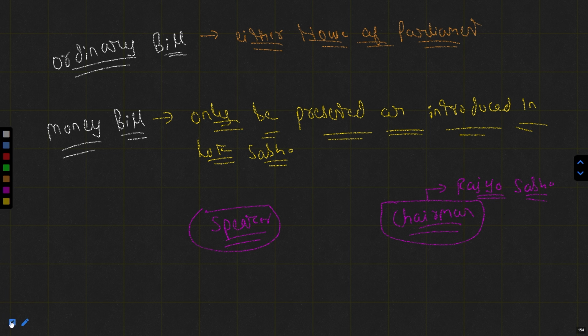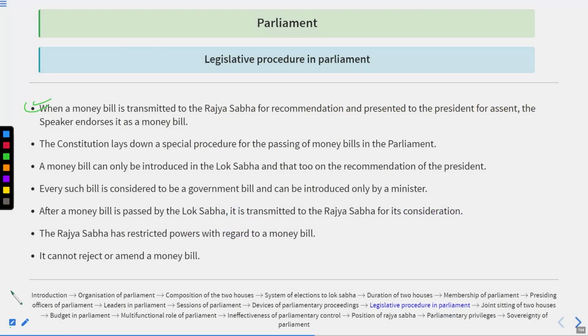All right. So whenever the bill is transmitted to the Rajya Sabha, it means that the money bill is passed in Lok Sabha, then this will go to the Rajya Sabha as the normal procedure, because any bill which is to become a statute requires to be passed by both the houses.